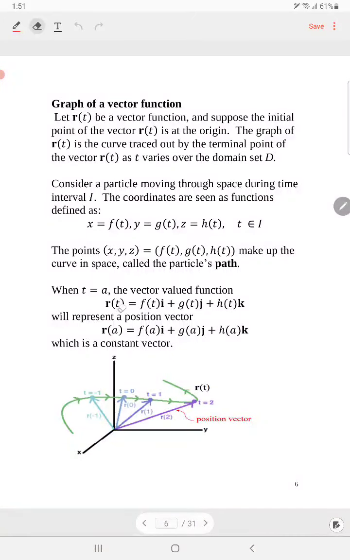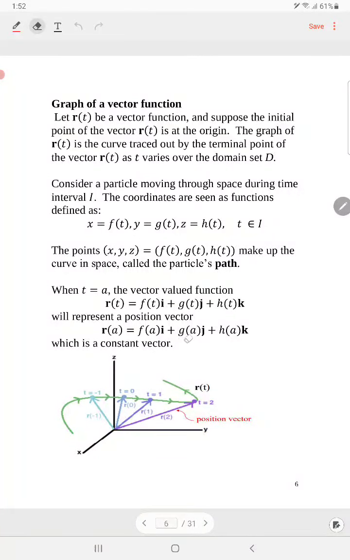Let's say you have a vector function r equal to f of t i plus g of t j plus h of t k. When you replace t with a value, let's say a, then r at a is going to be a constant vector, because f of a, g of a, and h of a are all constants.